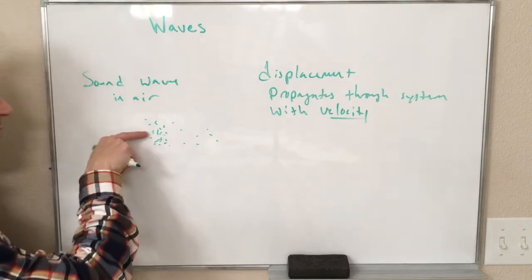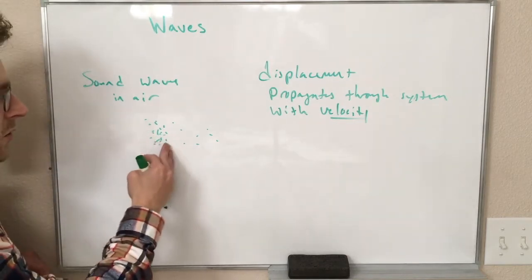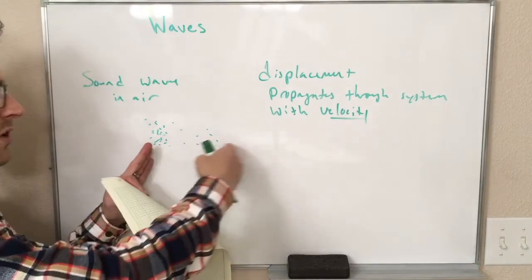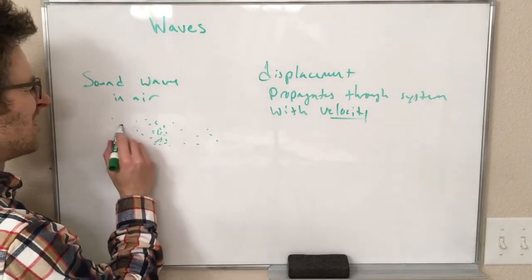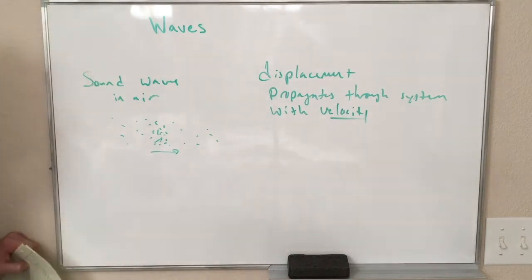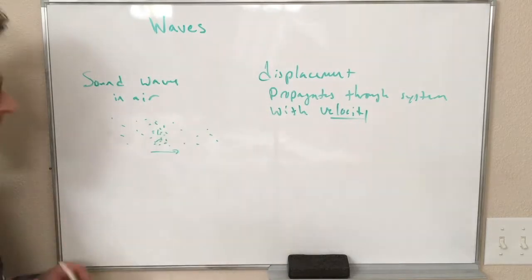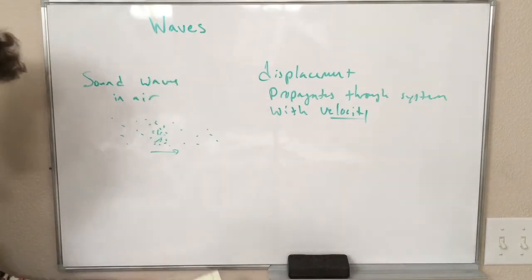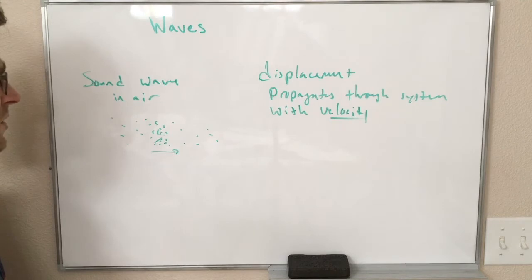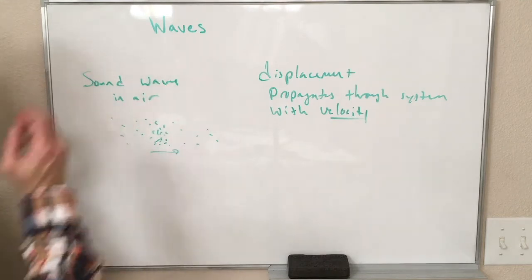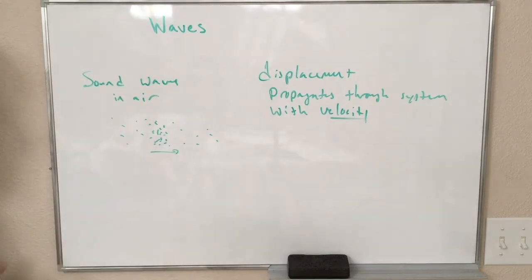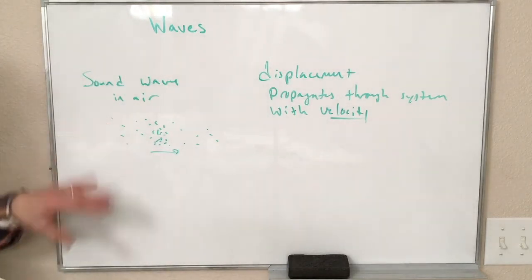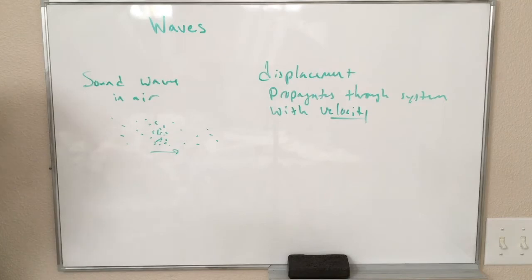If we push on these and compress them, they are going to move to the right and compress their neighbors and so on. So you get this kind of moving region of higher density molecules that travels through the air. We also can look at sound waves in other things like liquids and solids. It's basically the same picture, although the molecules are maybe closer together.